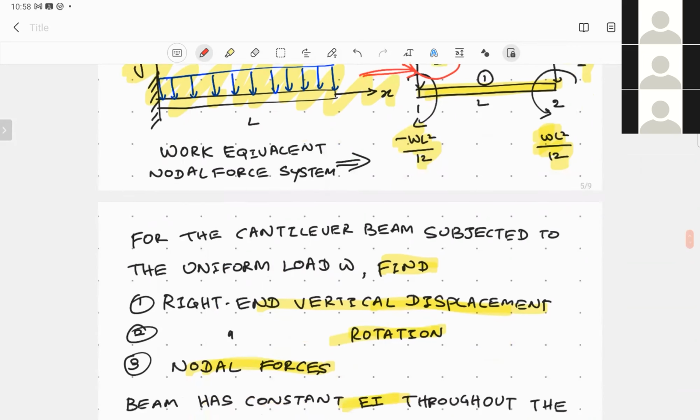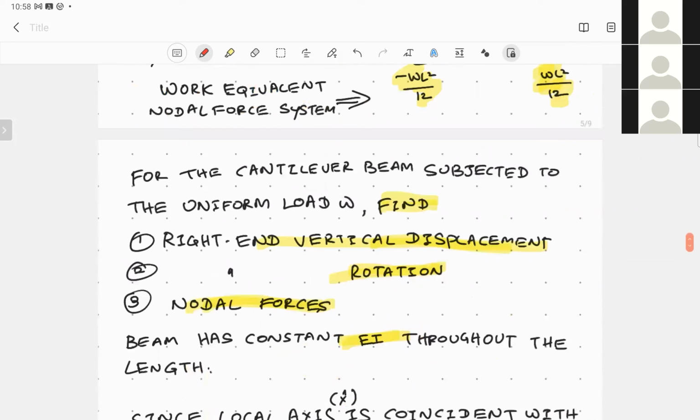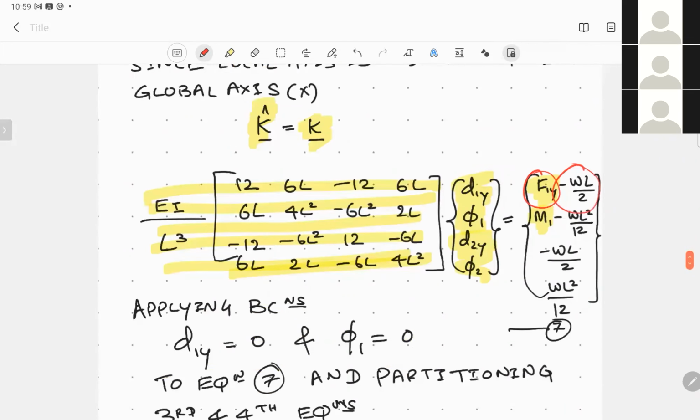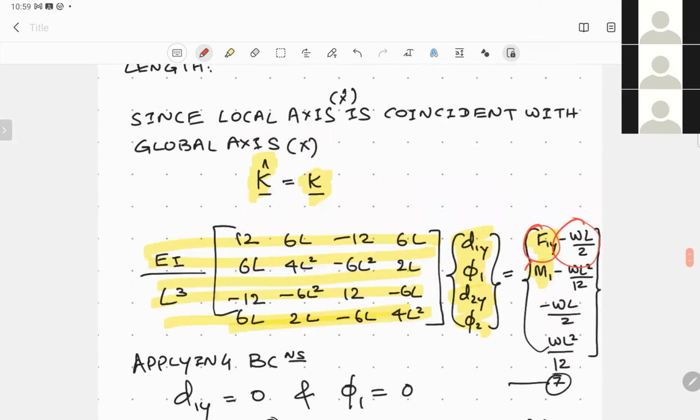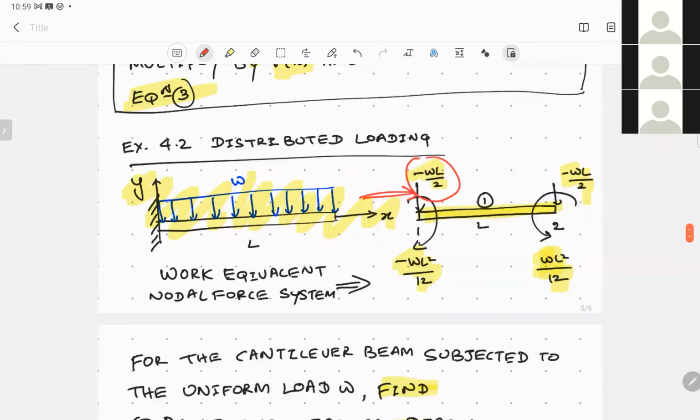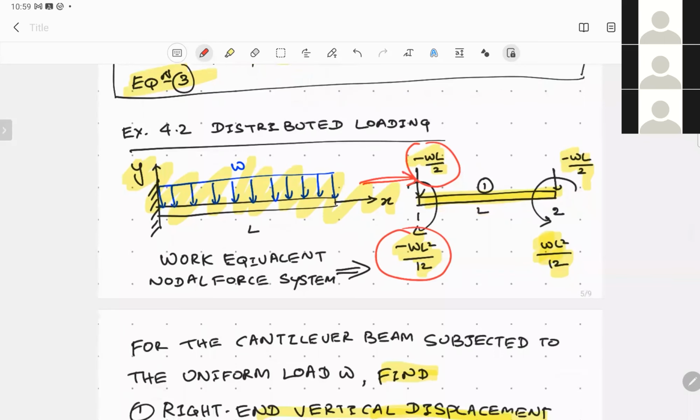Similarly, for the bending moment at M1, there is an additional minus WL squared by 12, which is due to the distributed load.